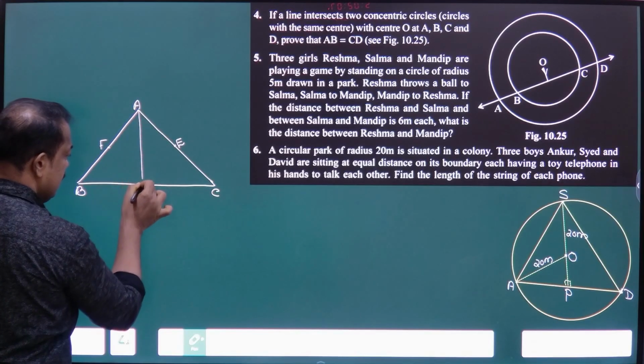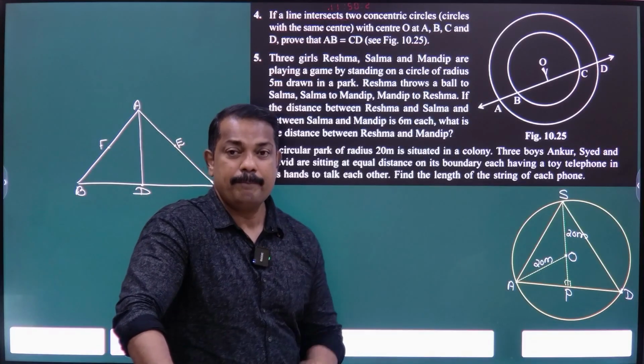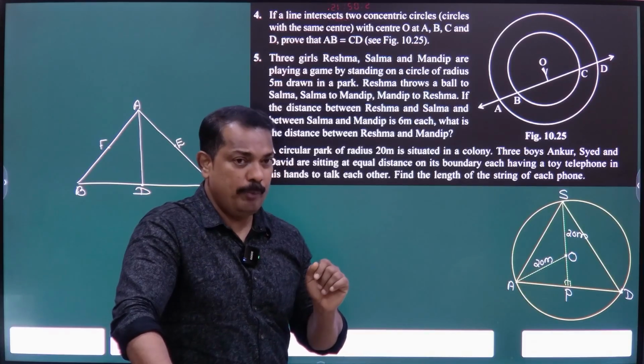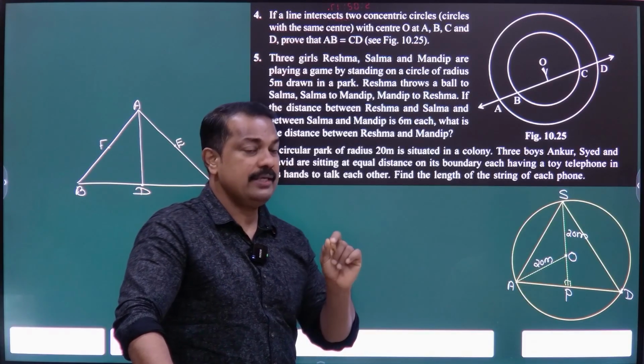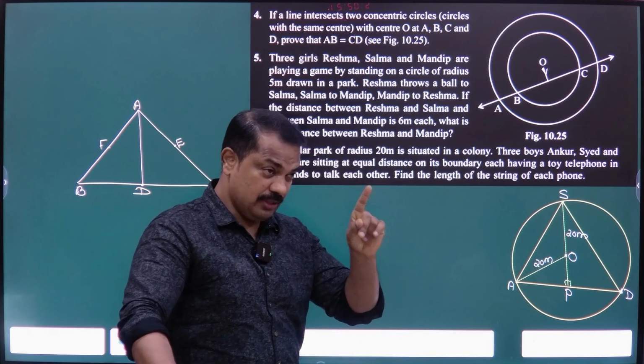Join AD. The line drawn from the vertex to the opposite side at its midpoint is called a median. So AD is the median.